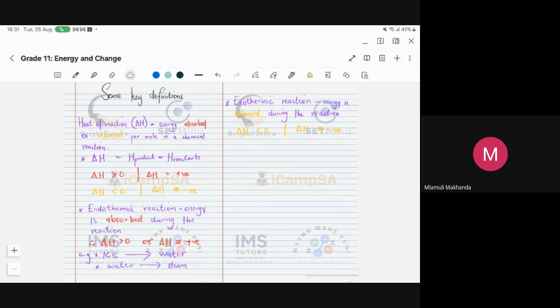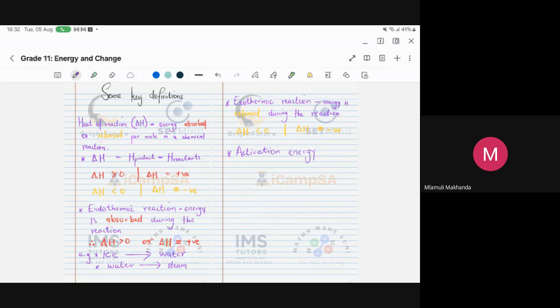So let's continue. Another thing I'd like to define is what you call activation energy. This is basically the minimum amount of energy you would need to actually start a reaction.